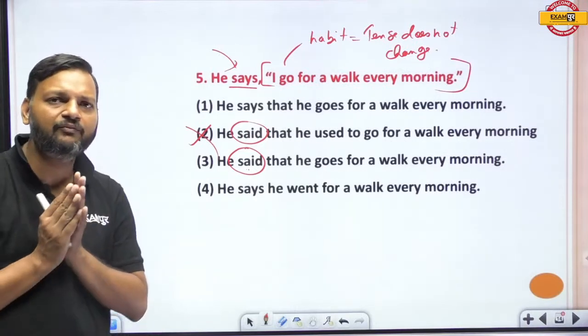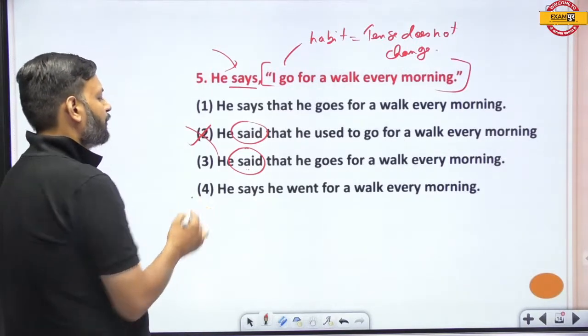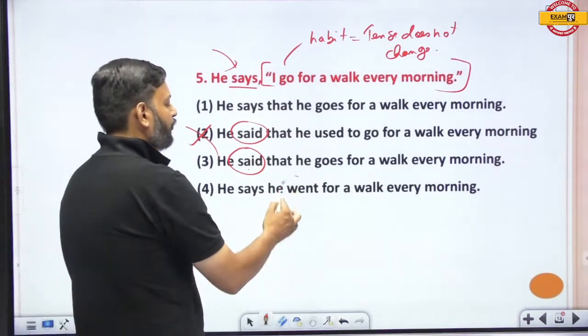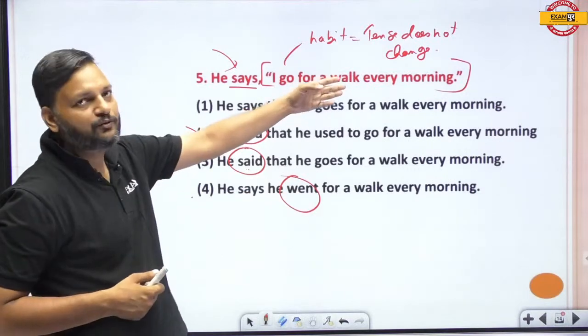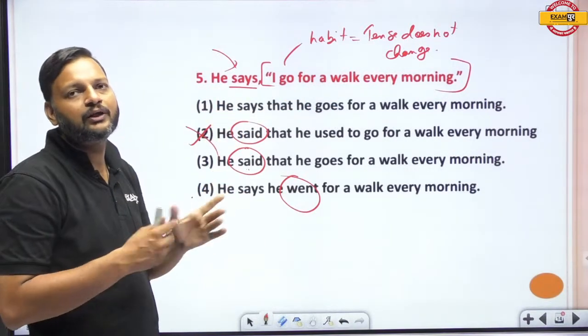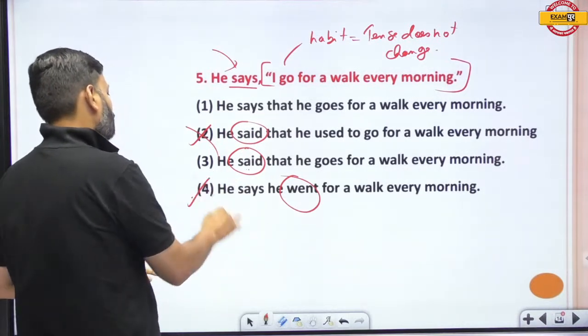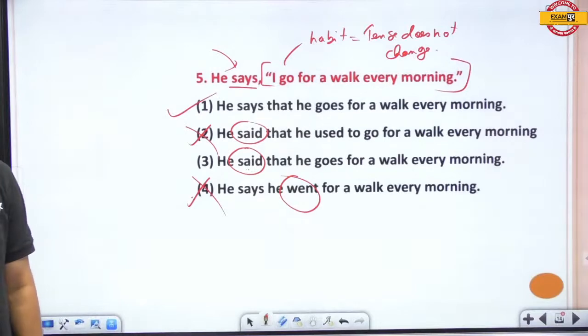The tense of reporting verb never changes. So now fourth option, he says that he went. Now they change the tense of the reported speech, and since the reported speech is a habit and the reporting verb is in present tense, you cannot change the tense anywhere. So this also cannot be the answer. So answer would be 1.